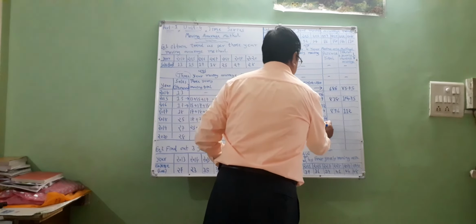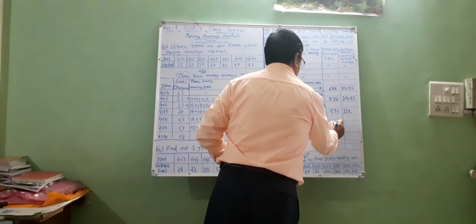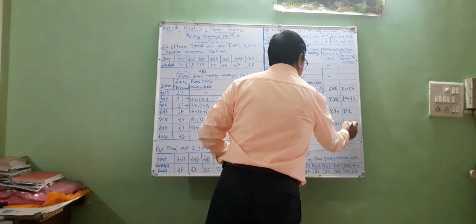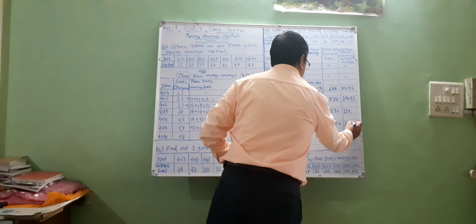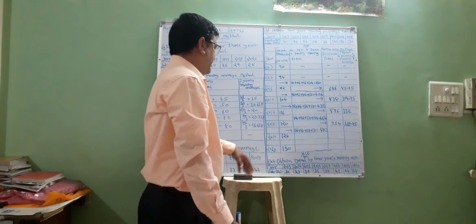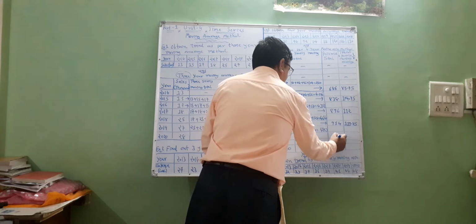And now take the pairwise total, 954, divide by 8, 119.25. Now we don't have any digit, so put a dash.